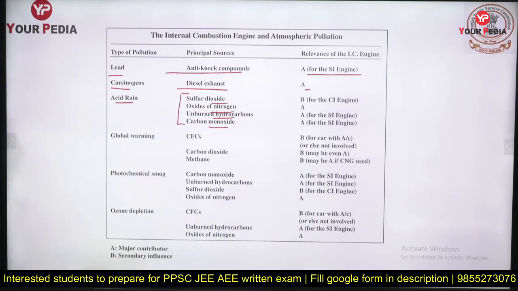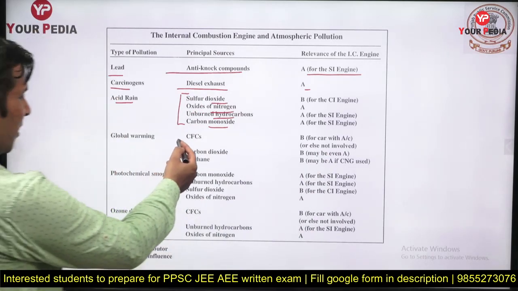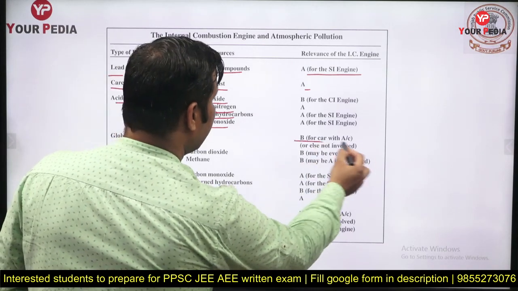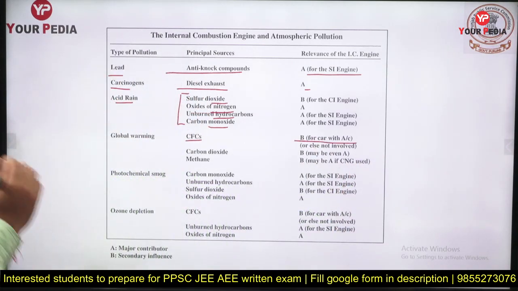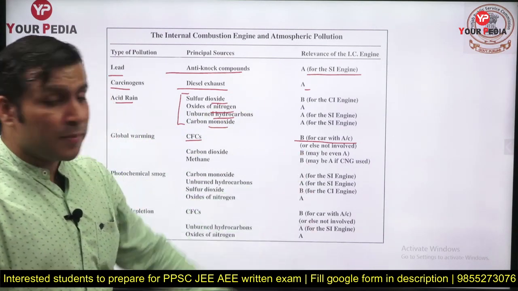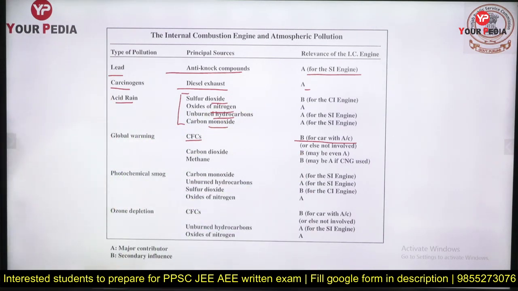So only you need to observe these CFCs. These are not related to IC engine pollution, guys. Chlorofluorocarbons can be released from the car AC, because these are a kind of refrigerant, chlorofluorocarbon refrigerants, banned nowadays. Carbon dioxide, methane emission. Here A represents the major contributor, and B represents the secondary influence.